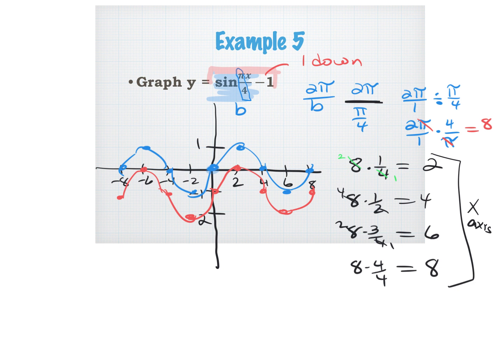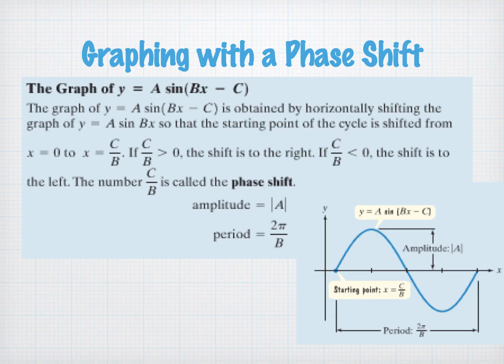Now we're going to do the horizontal shifts. This is the more challenging of the shifts. So when we're graphing with a phase shift, we're shifting our graph horizontally, left and right. And what's going to happen here is it's going to be backwards of what you think.